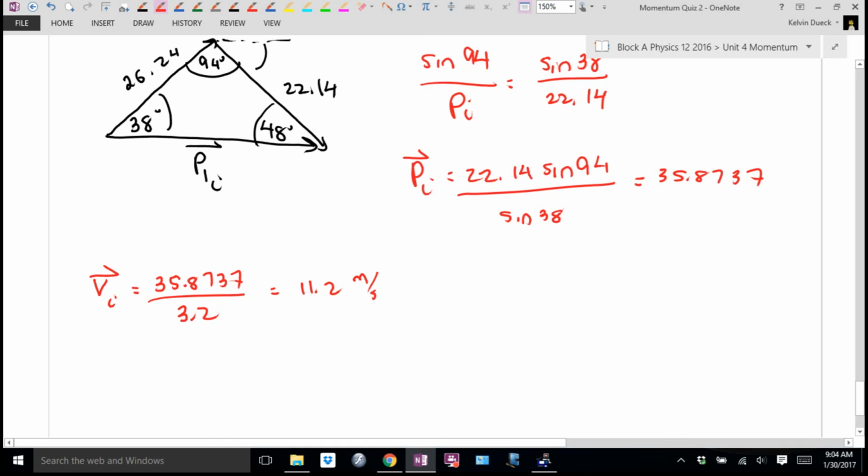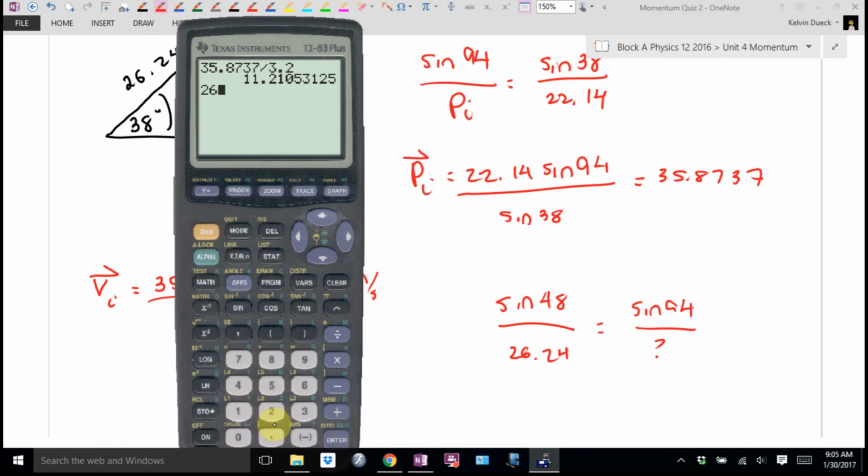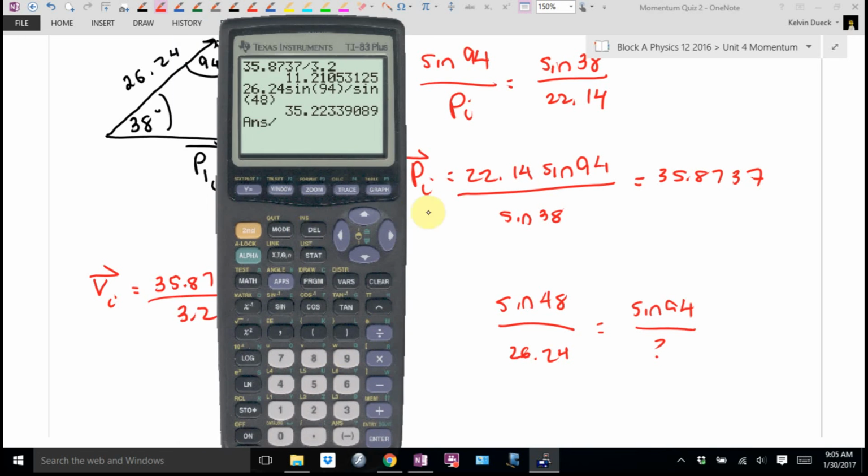Let me just quickly double check if I use the other angles. So it would be sine of 48 over 26.24 equals the sine of 94 over mystery angle, or mystery side. 26.24 sine of 94 divided by sine of 48 equals, divided by the mass.